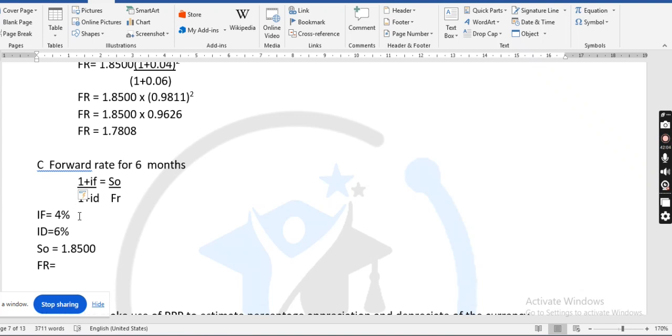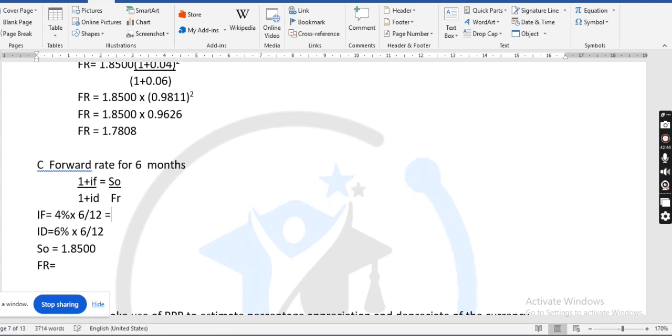If it is the forward rate for 6 months, this 4% is for a year, so for 6 months it will be times 6 divided by 12, class. Because the 4% is for a whole year inflation, and you are looking for 6 months, you need to remove the 6-month inflation.